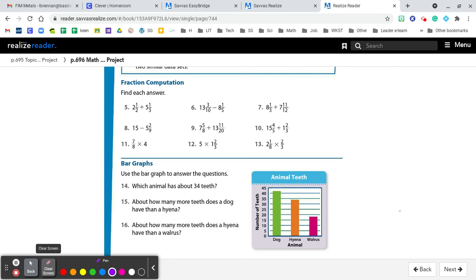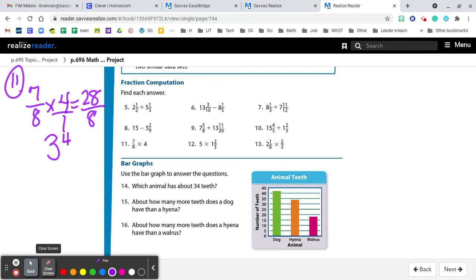That was number 10. Number 11, 7/8 times the whole number 4 is 28 over 8. Reducing that, 8 goes into 28 3 times with 4/8 left over, which will reduce to 3 1/2. 12, the whole number 5 times 1 2/3.